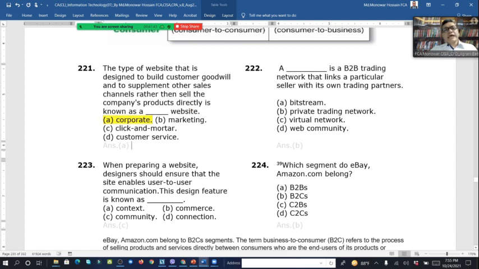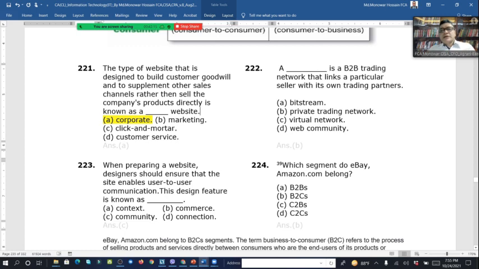So the type of website that is designed to build customer goodwill and to supplement the other sales channel rather than sell the company's product directly is known as the corporate website. And each and every corporate has their own website. And if we see 2 to 2, a dash is a B2B trading network that links a particular seller with its own trading partners.